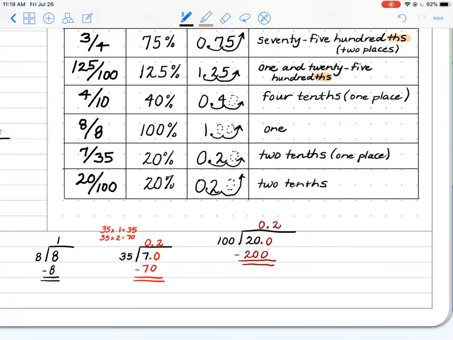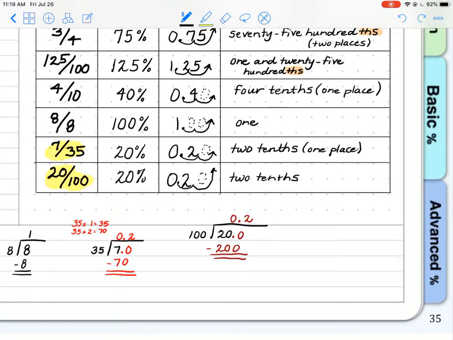So I believe that these two ratios could form a proportion because this is all the same. But let's check it out. This is a good time to review that proportion. So let's say 7/35 and 20/100. And let's see if this is a true proportion. I don't really have room to draw the peanut, so let me do it this way.